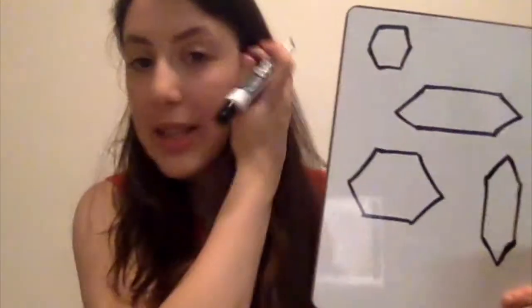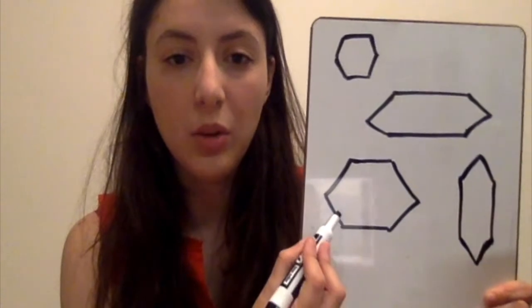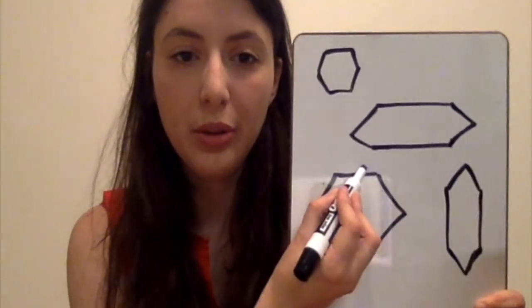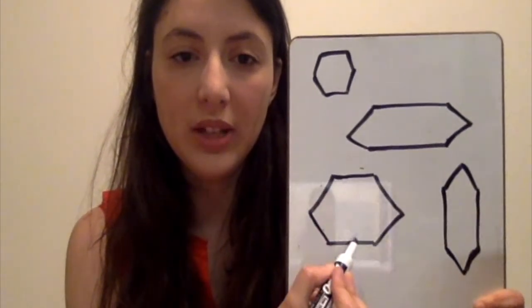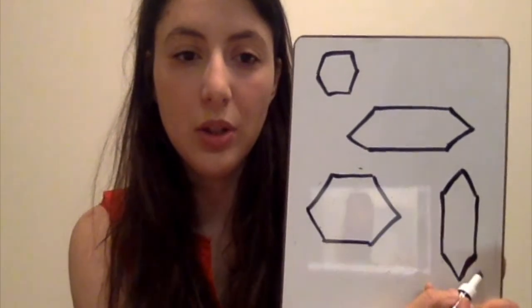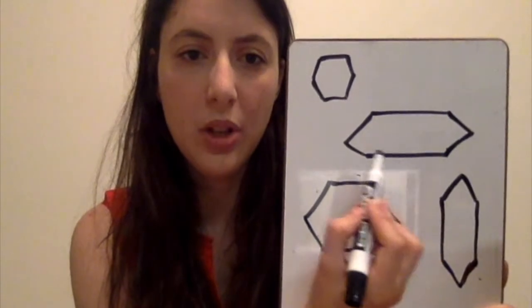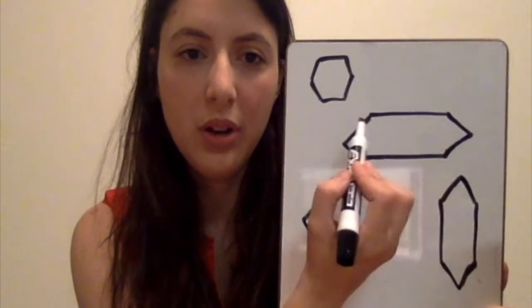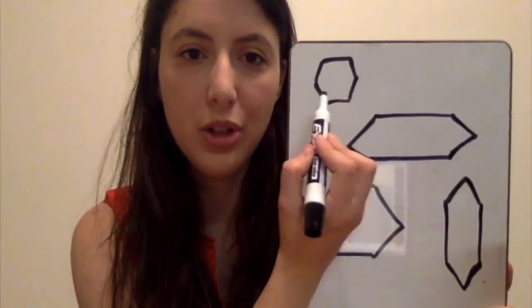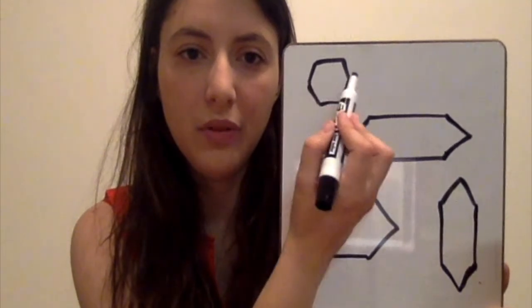What kind of shape are these? Let's count how many sides we see. 1, 2, 3, 4, 5, 6.